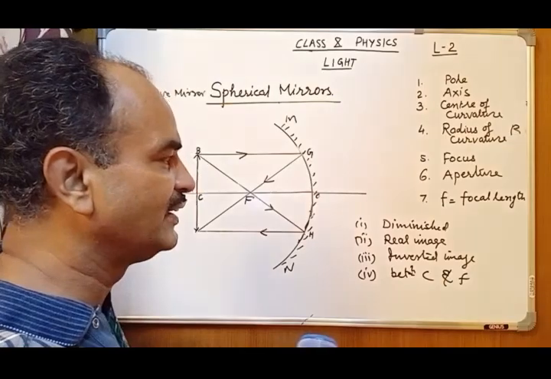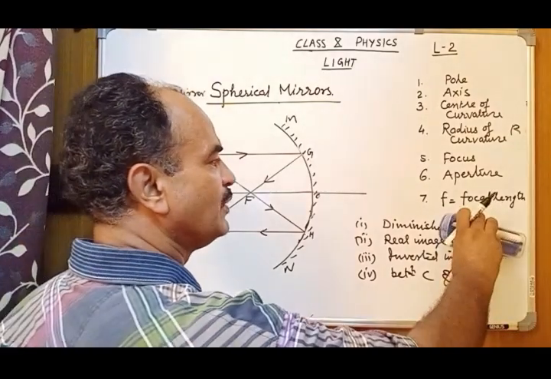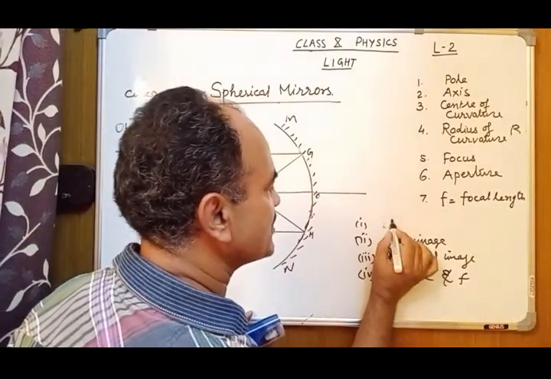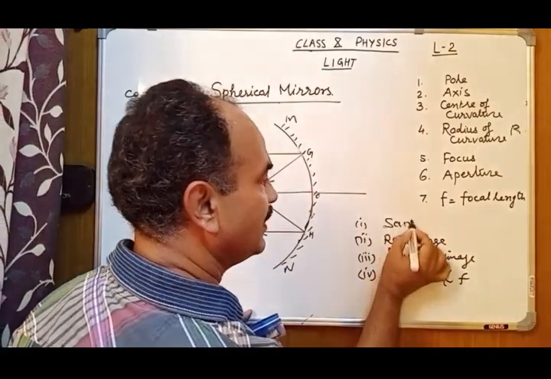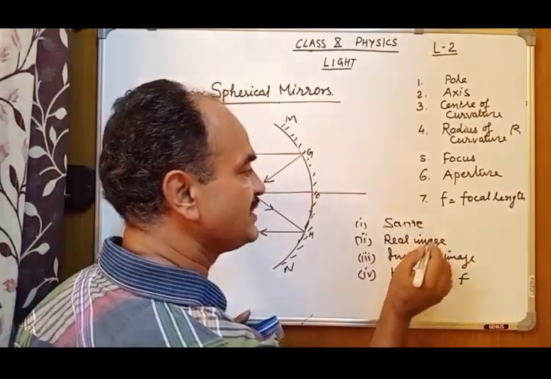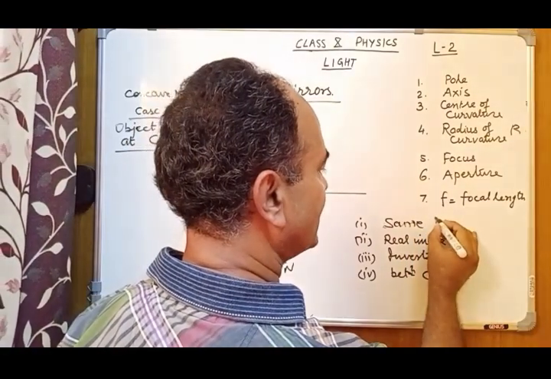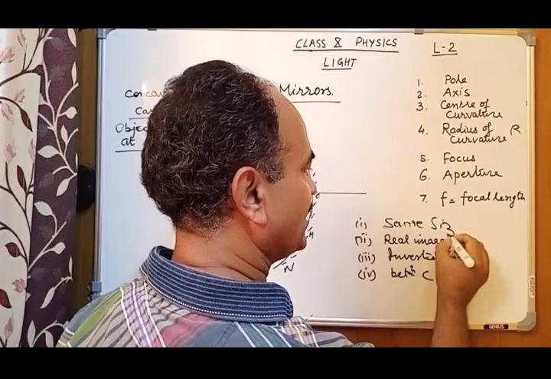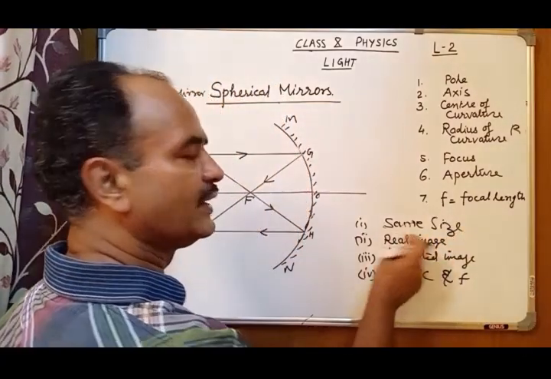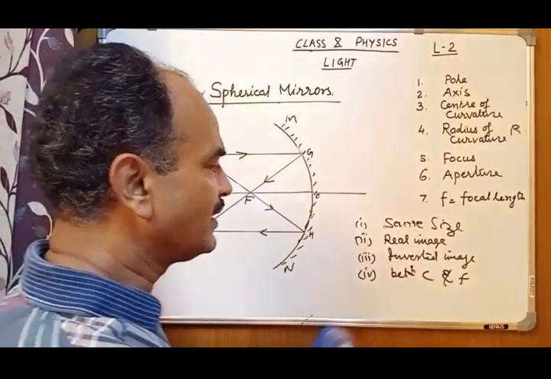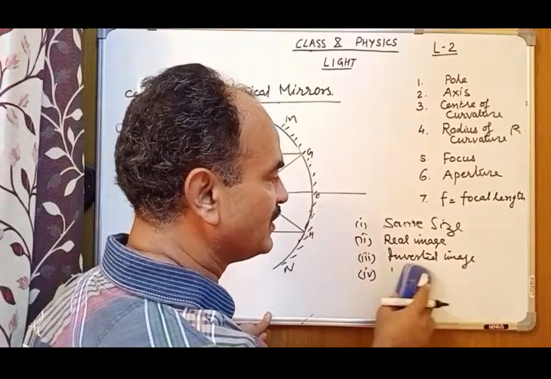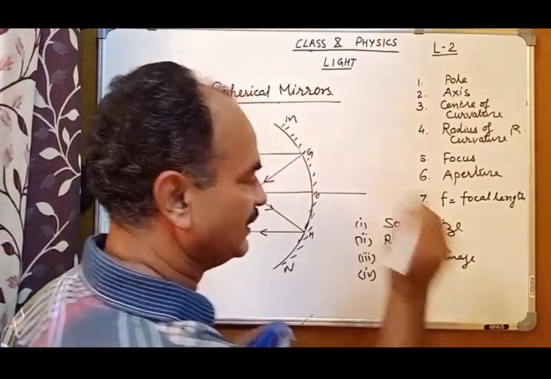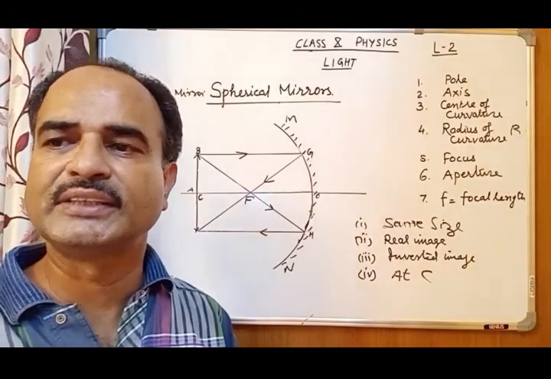Of course, what are the differences? The image will be of the same size. From the triangle symmetries, we will find that the image will be of the same size. It is an inverted image, it will be a real image, and it is not between C and F but at C itself.